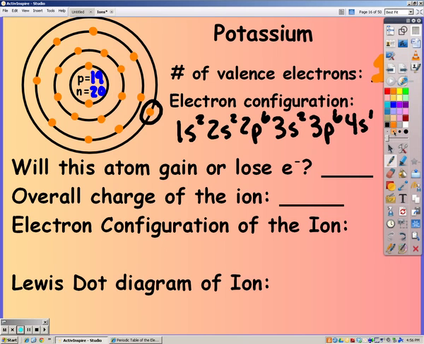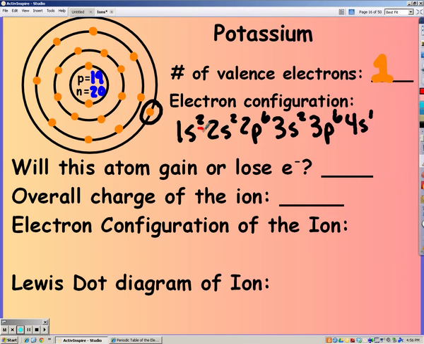So notice how our electron configuration and Bohr model go together. We have 2 in the first energy level. In the second energy level, we have 2 plus 6 is 8. In the third energy level, we have 8. And in the fourth energy level, we have 1.